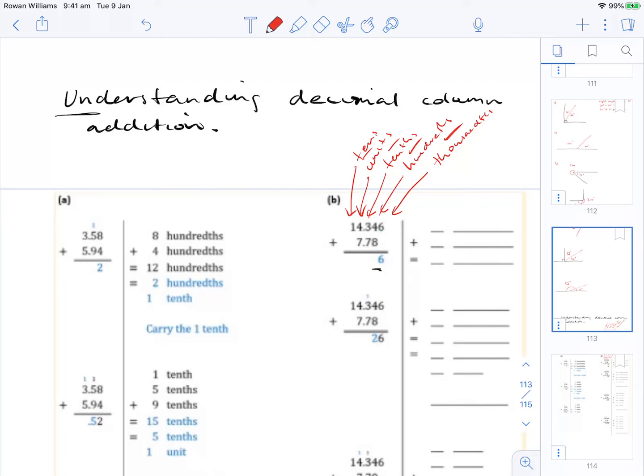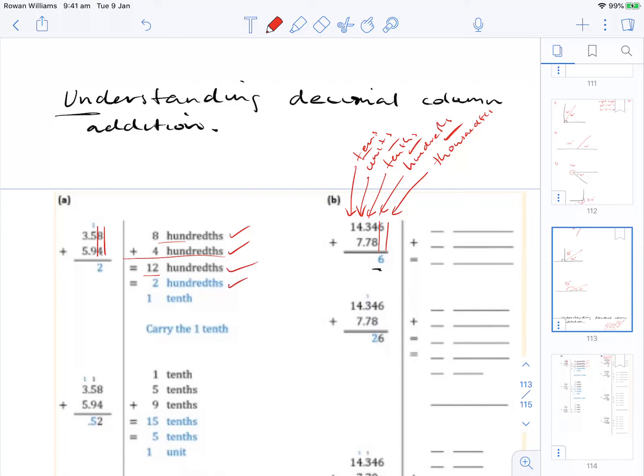So the first thing that we need to do here is we're looking at our first column on the right, this one here, and we're going to describe what's happened. They've given you an example of what they've done over here. They've looked at their hundredths column, and they've gone, we've got 8 hundredths, tick, plus 4 hundredths, tick, equals 12 hundredths, tick.